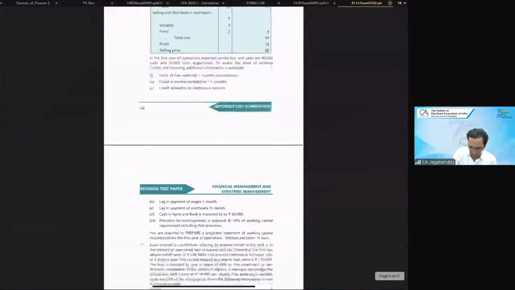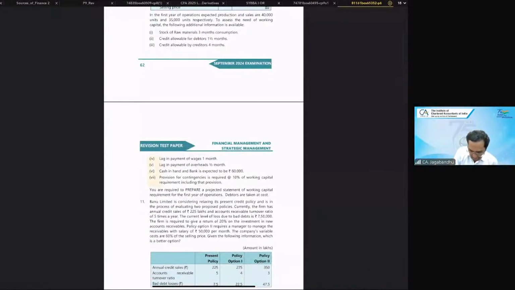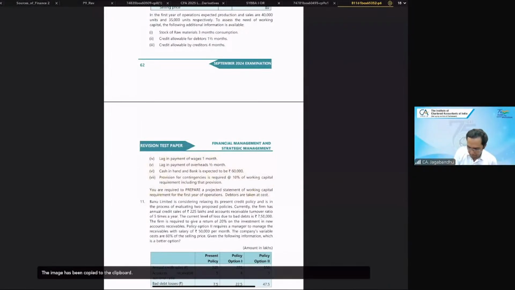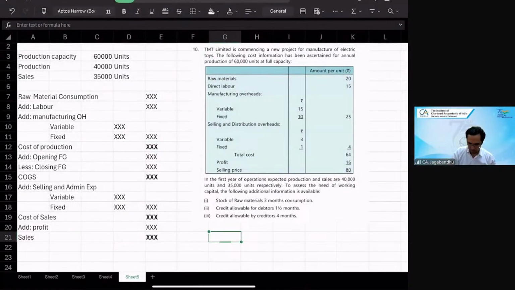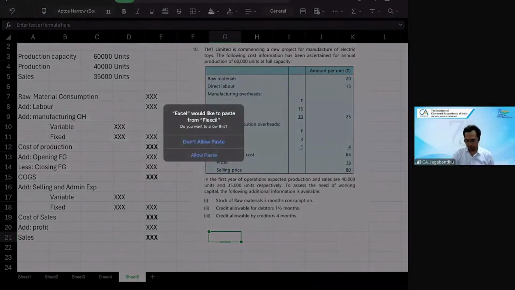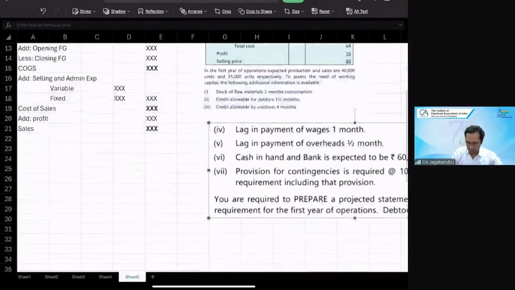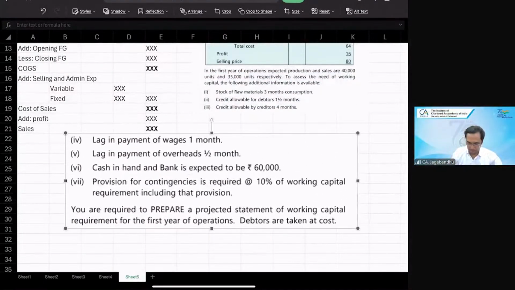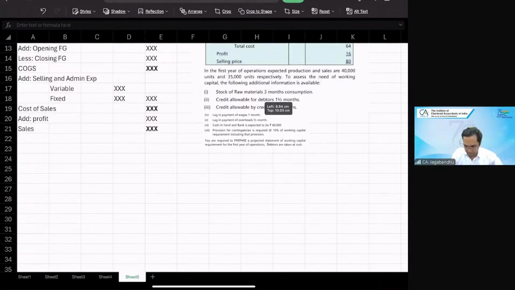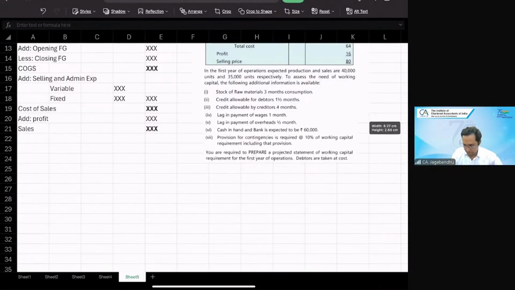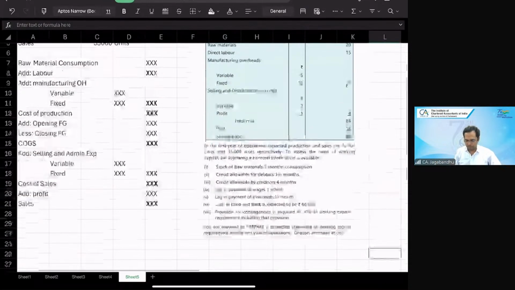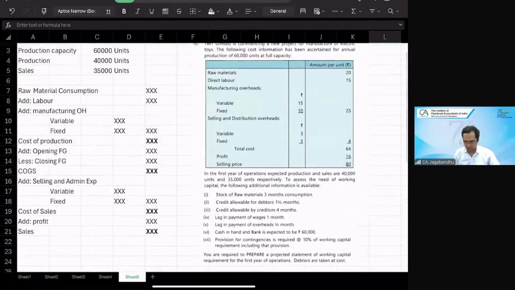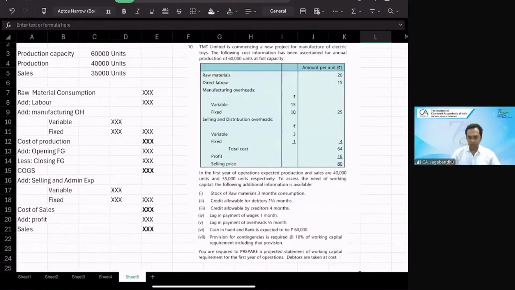Okay, the second part of the question is this. Okay, so here is the question as well as the format of cost structure.